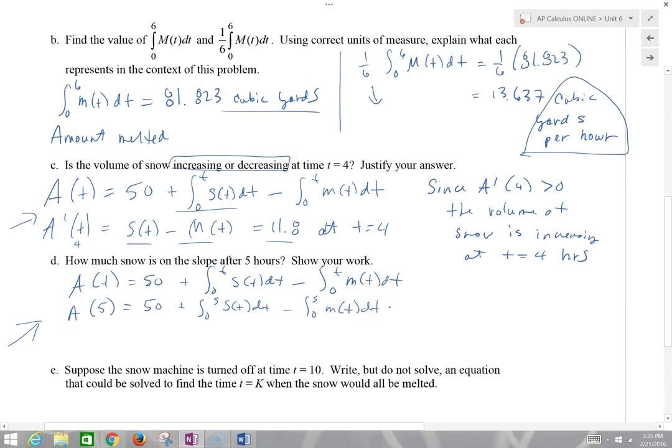And we put that in our calculator. We end up with A of 5 being equal to 95.335. We're talking about the amount of snow, which is in cubic yards.